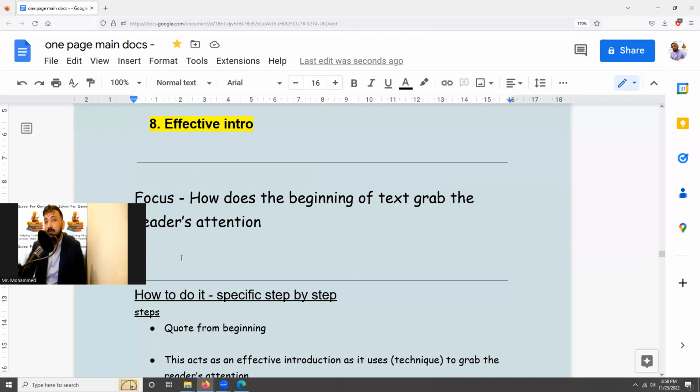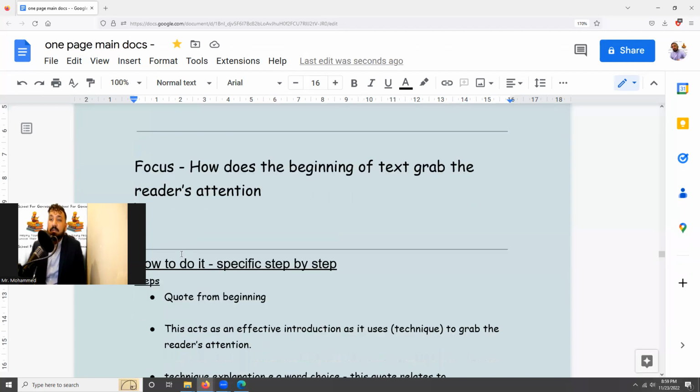We could look, for example, at how this introduction sets up the rest of the text. We could look at different things. How does this create a certain introduction to a certain technique or a certain theme, etc. But the simplest focus, what we're going to focus on, is just how does the beginning of the text grab the reader's attention?